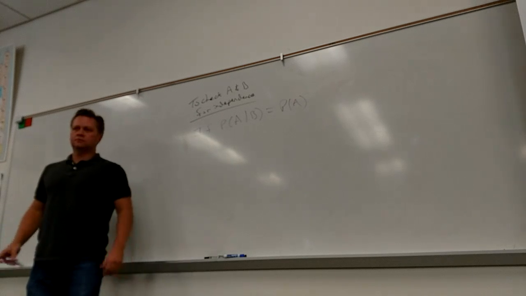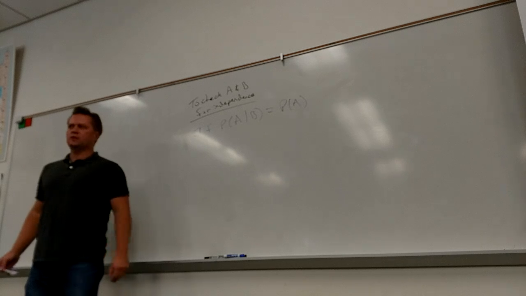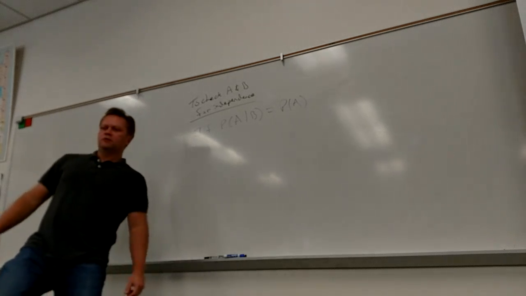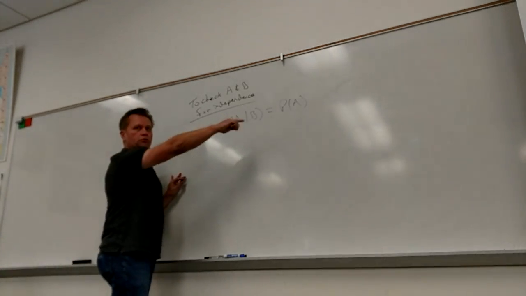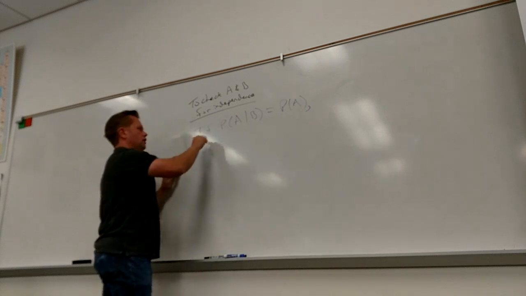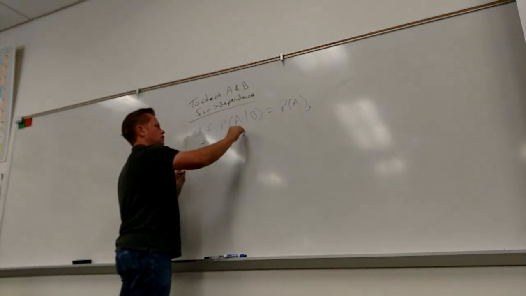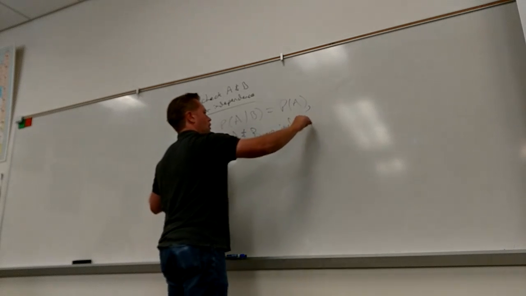Math doesn't always do that. We pick some weird words sometimes, so it's just the way it is. We're our own language, so leave us alone. But if this is true, if B happens and A doesn't change, then A and B are independent. Otherwise, they are dependent.